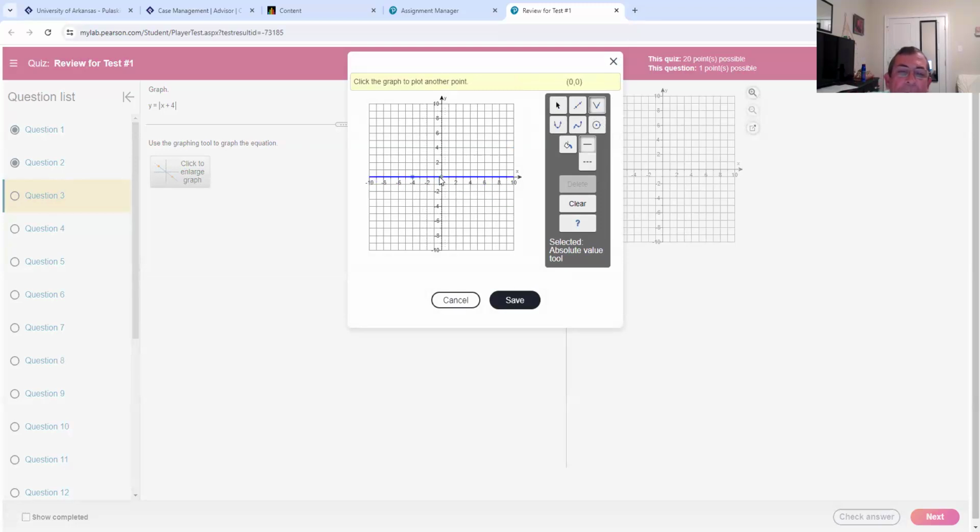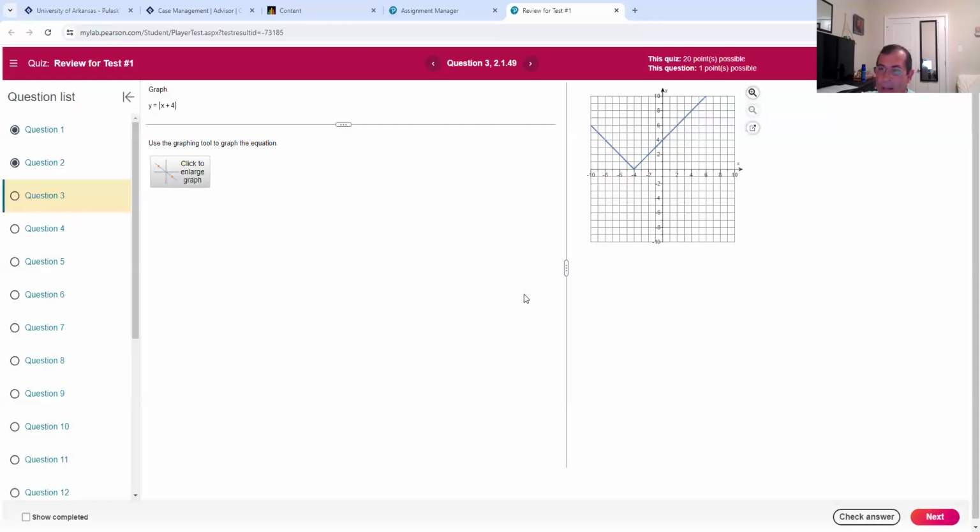So coming over here to 0, I'm just going to go up 4. Once you plot the second point, it's going to mirror that graph and make the V for us, okay? At that point, you just hit save on that. On the calculator, you can go to Y equals and put any of these problems in there, okay? All right, y'all, then we would hit next.